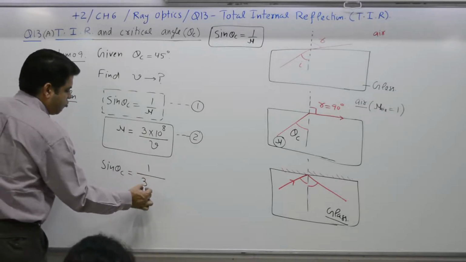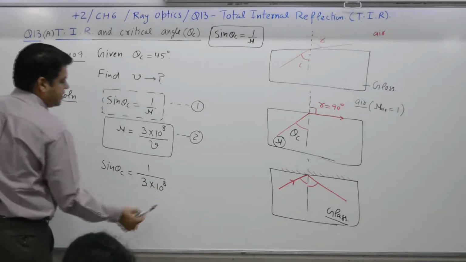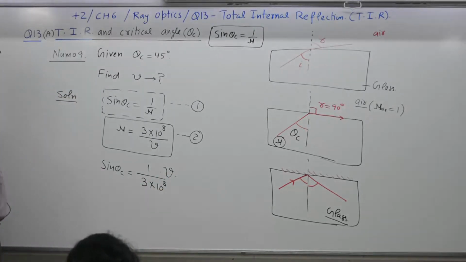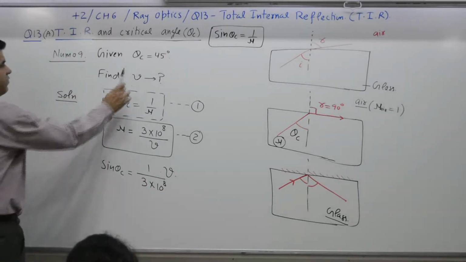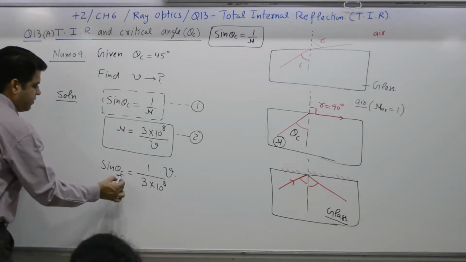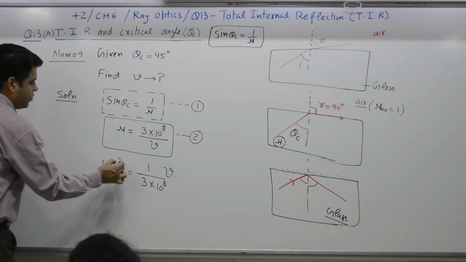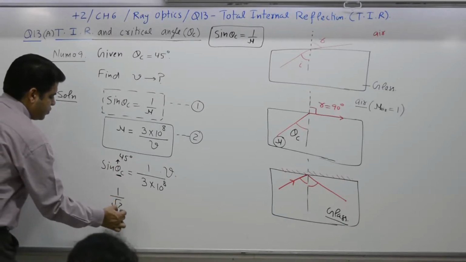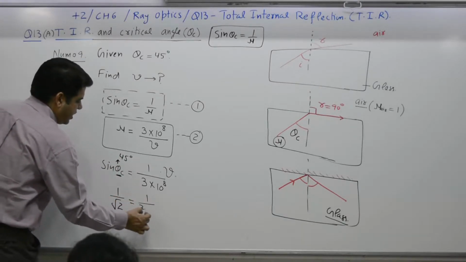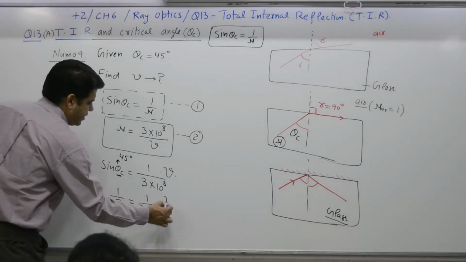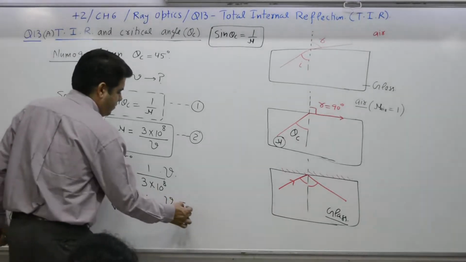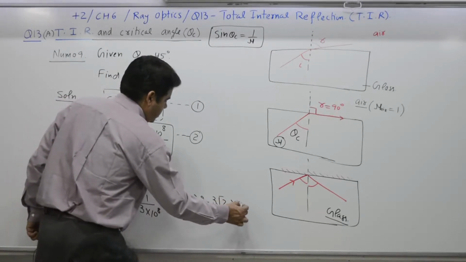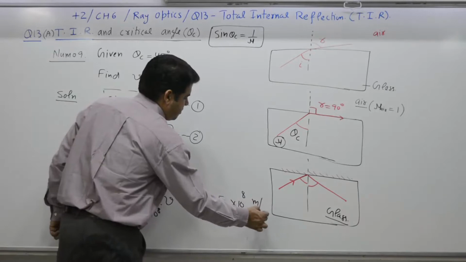Nu is equal to 3 into 10 to the power 8 divided by V. You can shift it to numerator. Sin theta critical, sin 45 degree. If you put theta critical equal to 45 degree, sin 45 is 1 by root 2 is equal to 3 into 10 to the power 8 into V. V is equal to 3 root 2 into 10 to the power 8 meter per second.